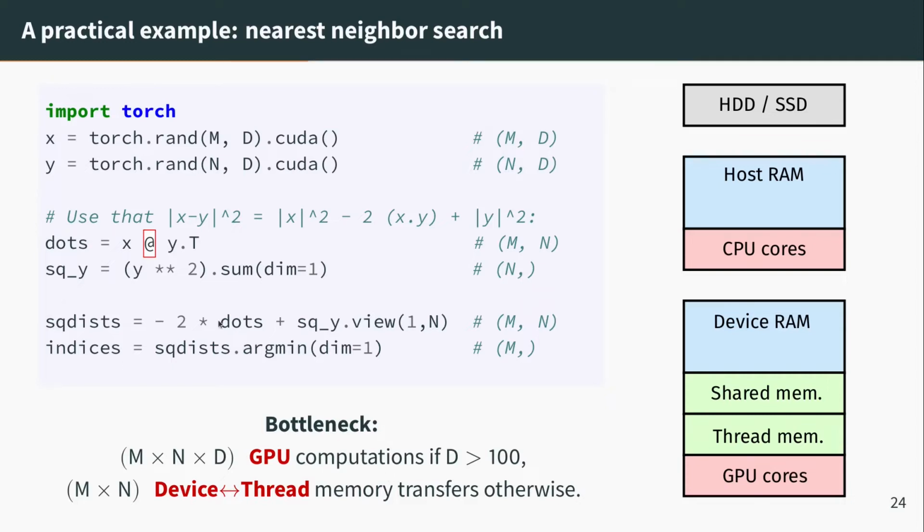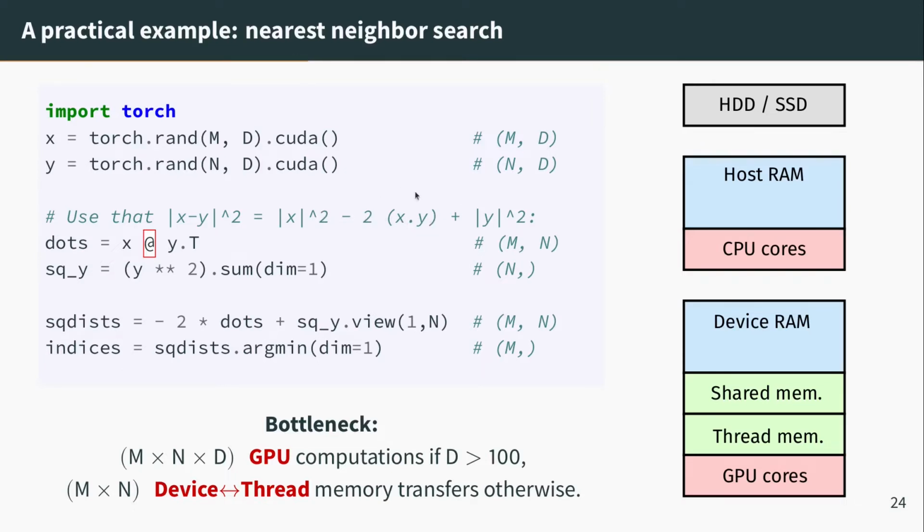Basically, the squared distance between X and Y is equal to the squared Euclidean norm of X plus the squared Euclidean norm of Y minus 2 times the dot product between X and Y. So you can pre-compute ahead of time the norms of the Y's and the norms of the X's. Actually, we don't really need the norms of the X's to compute nearest neighbor search.